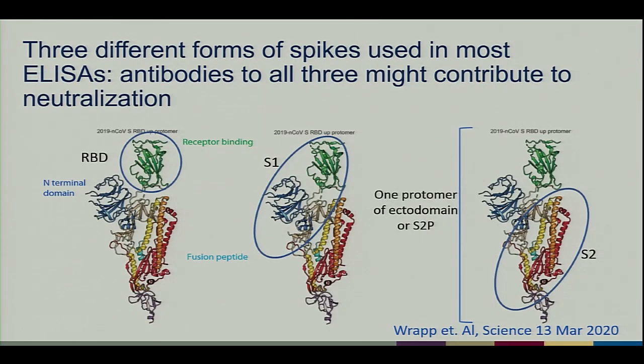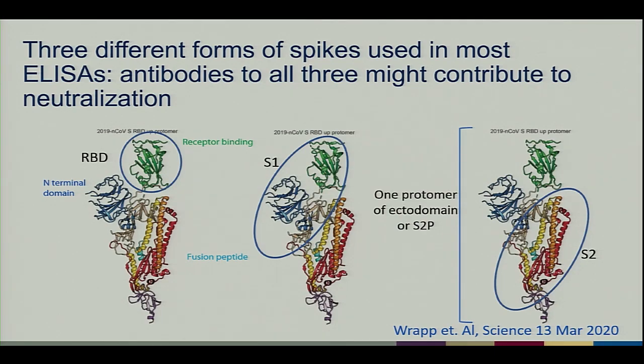So this is a zoomed-in picture of a single protomer. Three of these make up the entire spike protein on the virion. And I mentioned earlier, there are three different versions of the protein that are used in antibody assays. The receptor binding domain, or RBD, is just that small green part, and that is the part that binds to ACE2, the cellular receptor for SARS-CoV-2.